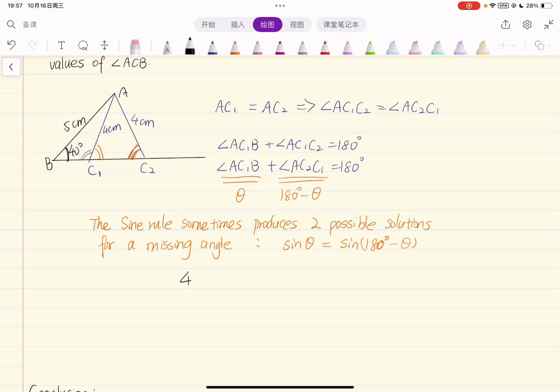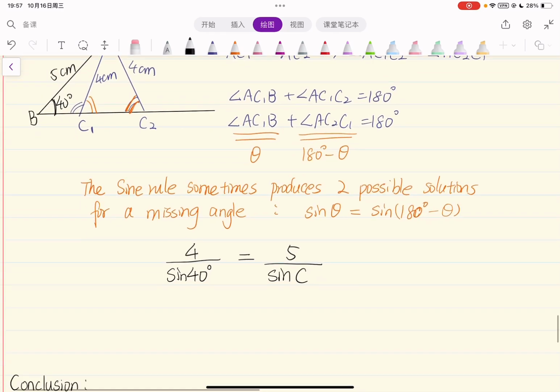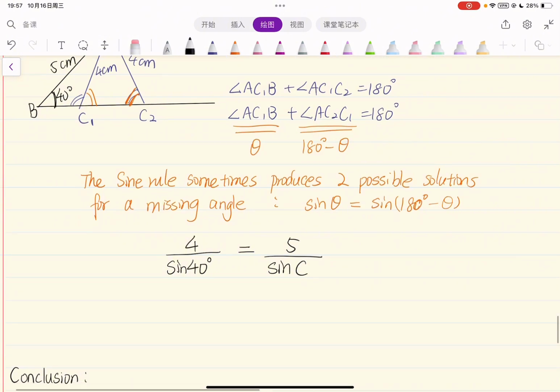So 4 over sin 40 degrees equals, for the angle ACB, and the opposite of the angle ACB is 5 centimeters, 5 over, let us say, sin C. We have this equation to solve.